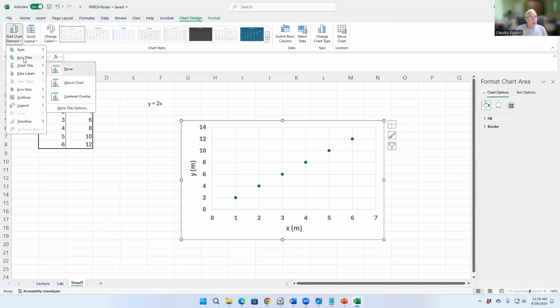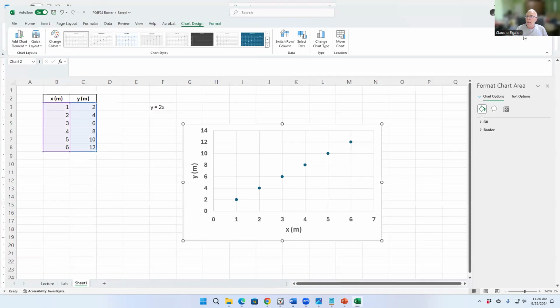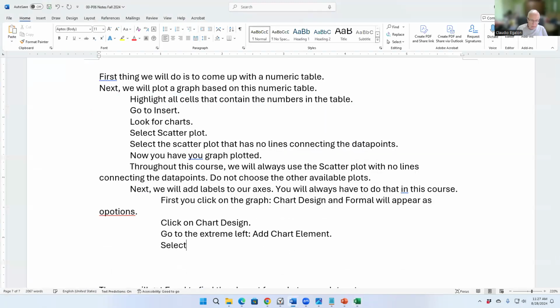Select axis title. Axis titles, primary horizontal, primary vertical. Select axis title and add the title to the graph, to the axis.